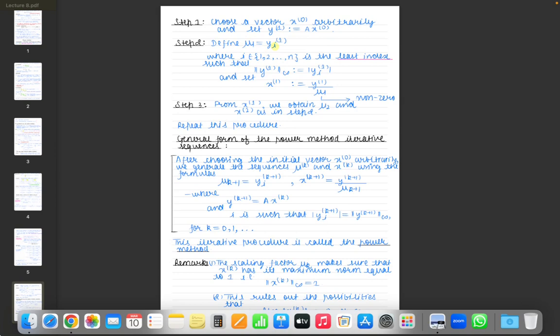Okay. So we write down the general form of the power method iterative sequences. So we just give the general form, then we'll go to the examples and we'll see what we have there.